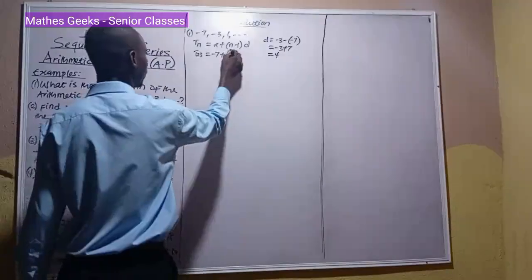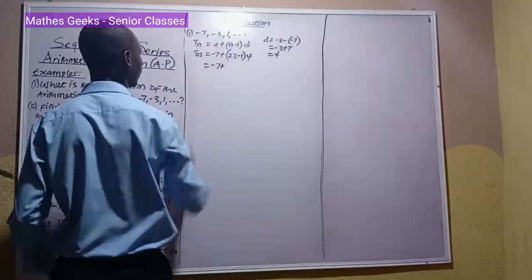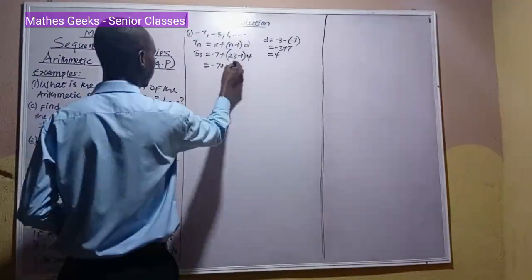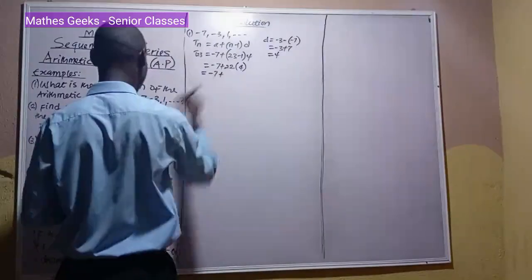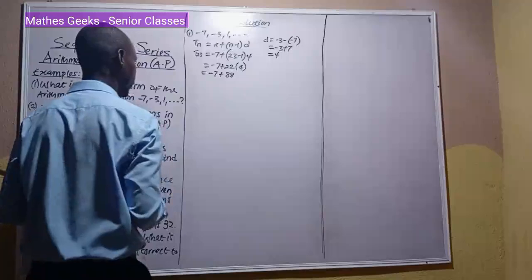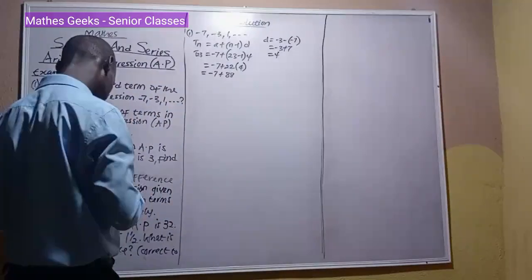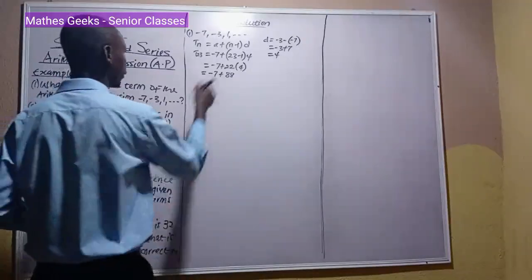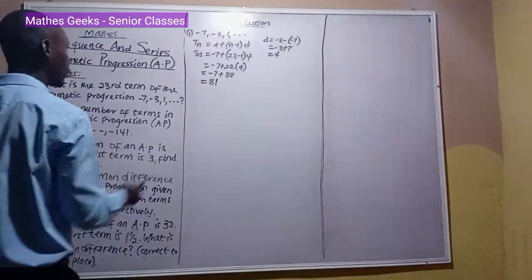So 23 minus 1 times 4, minus 7 plus 22 times 4. Now 22 times 4 will give us 88. So minus 7 plus 88 is 81. So the 23rd term is 81.